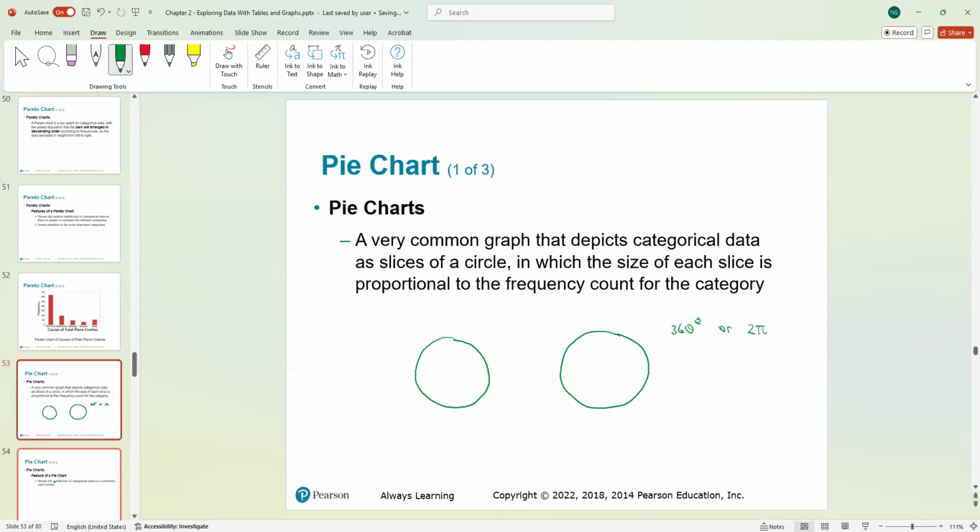In order to convert every relative frequency into degrees, you take the percent you have and multiply it by 360. That's how you find the portion of each sector in this circle.